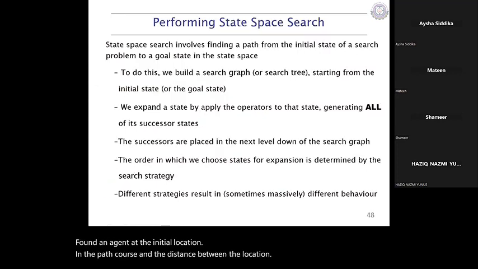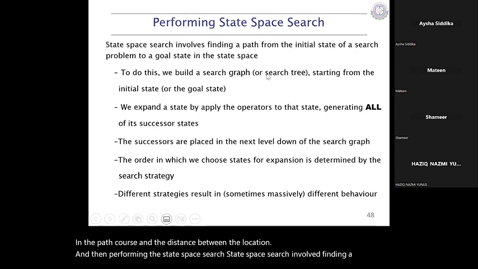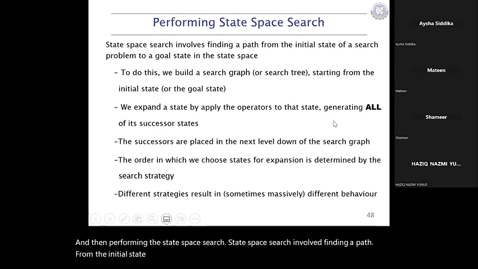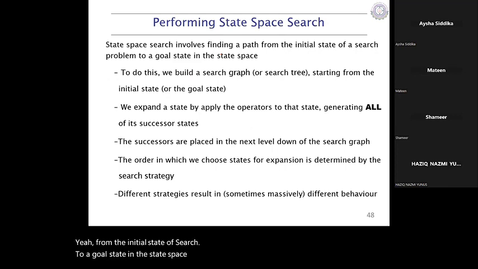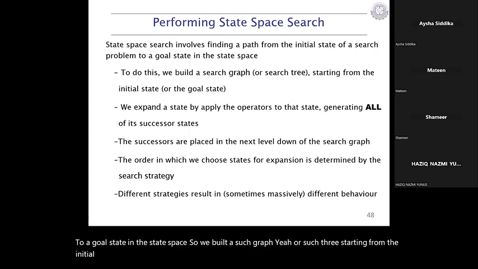And then performing the state space search. State space search involves finding a path from the initial state of the search to a goal state in the state space. So we build a search graph or search tree, starting from the initial state or the goal state, and we expand the state by applying the operators to the state and generating all its successor states.